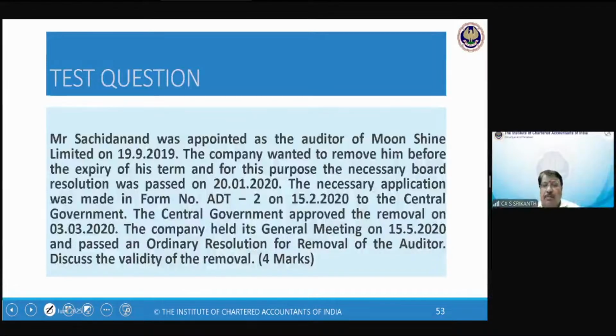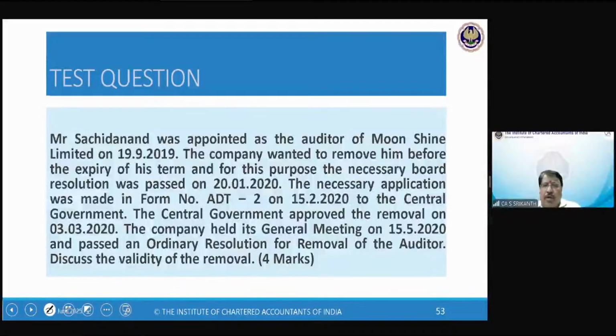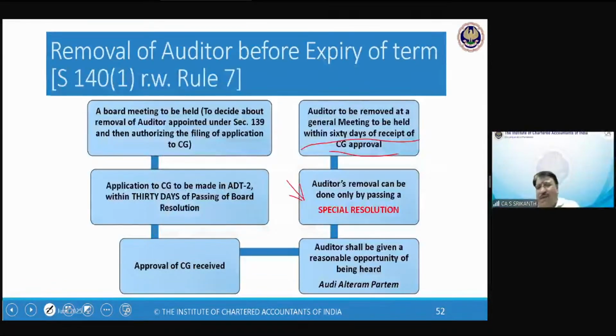The company held its general meeting on 15/5/2020. Within 60 days of receipt of CG approval, they have to do it. Assume that the date of approval and date of receipt are the same. So 3/3/20 means 60 days roughly.